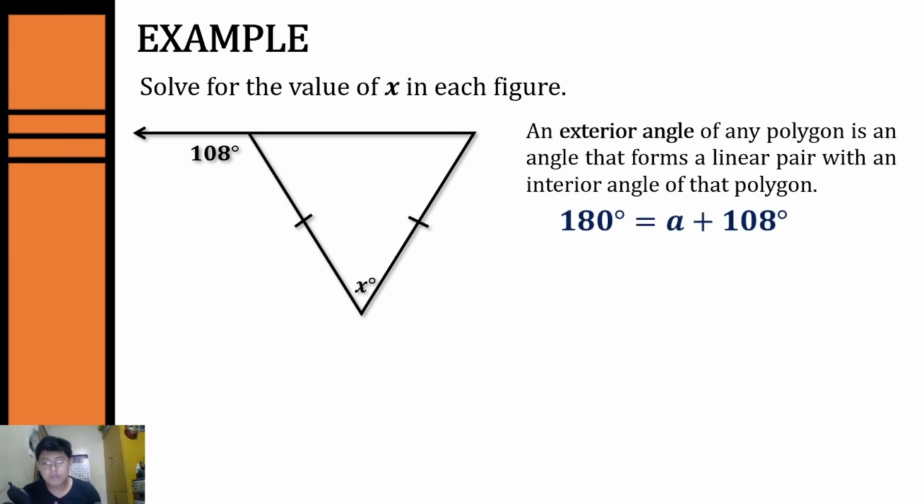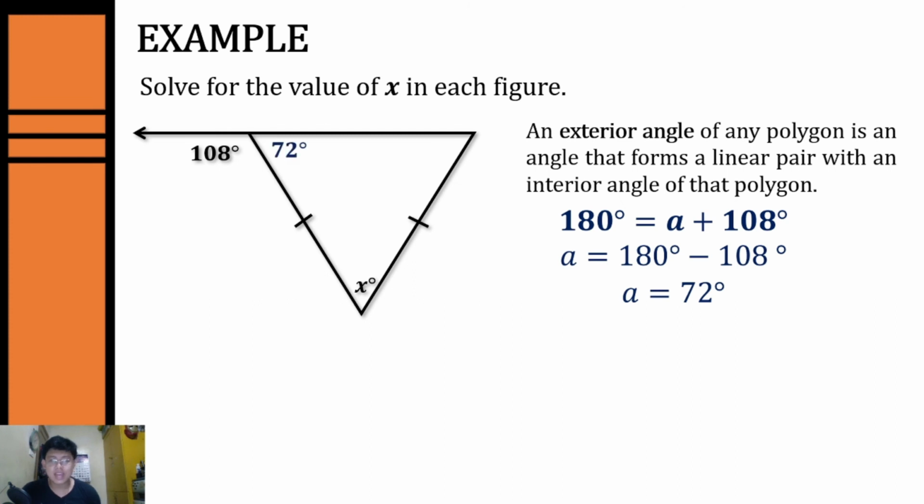So when we add angle A, let's name it angle A, and 108 degrees, it is equal to 180 degrees. So let's solve for the value of A by transposing 108 to the other side of the equation. So A is equal to 180 degrees minus 108 degrees. So our value for A will be equal to 72 degrees.